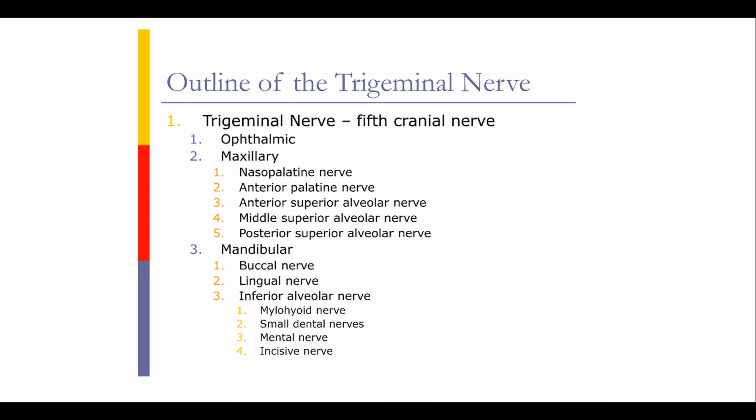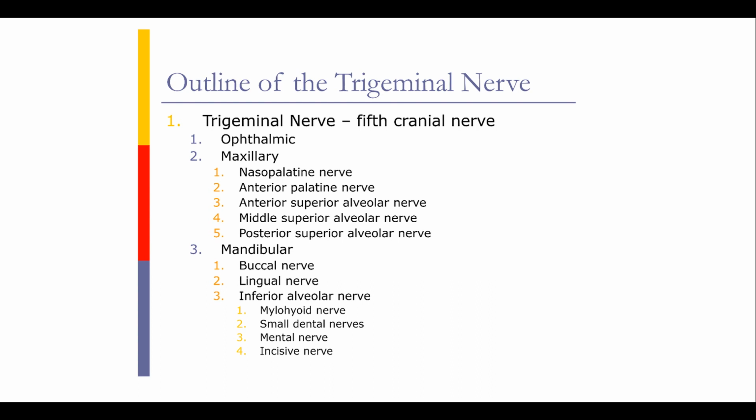And then the 3rd main branch off of the trigeminal nerve is the mandibular nerve, and there are 3 main branches off of that: the buccal nerve, the lingual nerve, and the inferior alveolar nerve, which provides the sensation to all the lower teeth. And notice here I have 4 divisions off of that. In the previous part of the lecture here, I only gave you 2, the mental nerve and the incisive nerve.